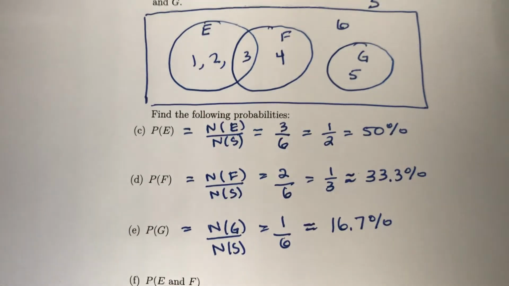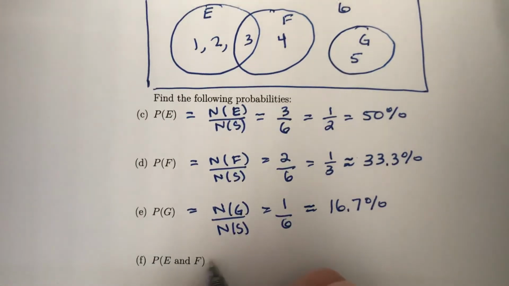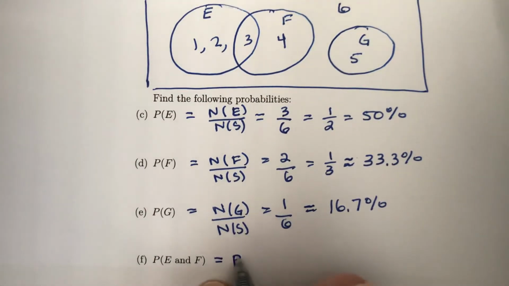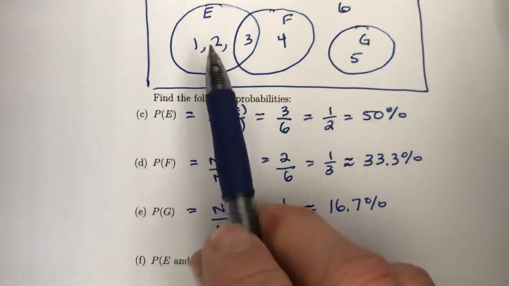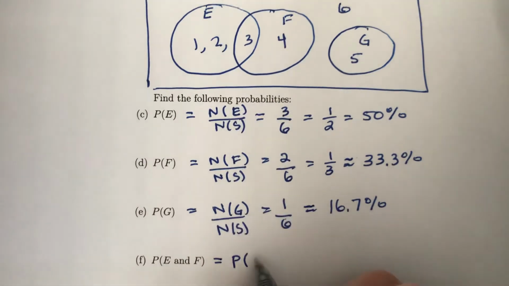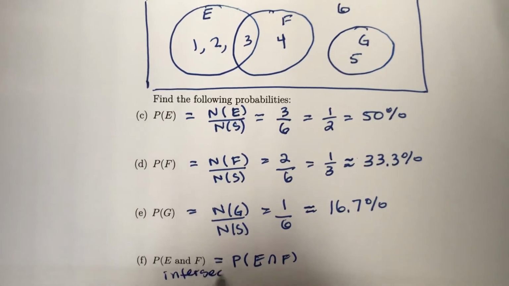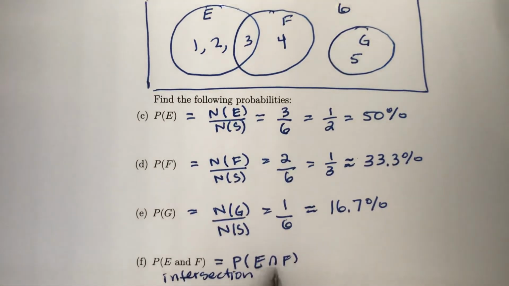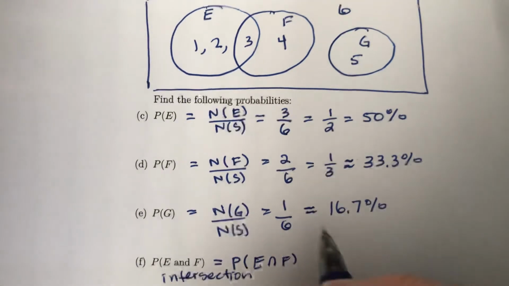Now, we move on to intersection. So the probability of E and F means that you roll the die and you get an outcome that's in E and at the same time in F. And that is intersection, and with and, you have that symbol that looks sort of like an A. That's how you can remember that the intersection symbol is and.